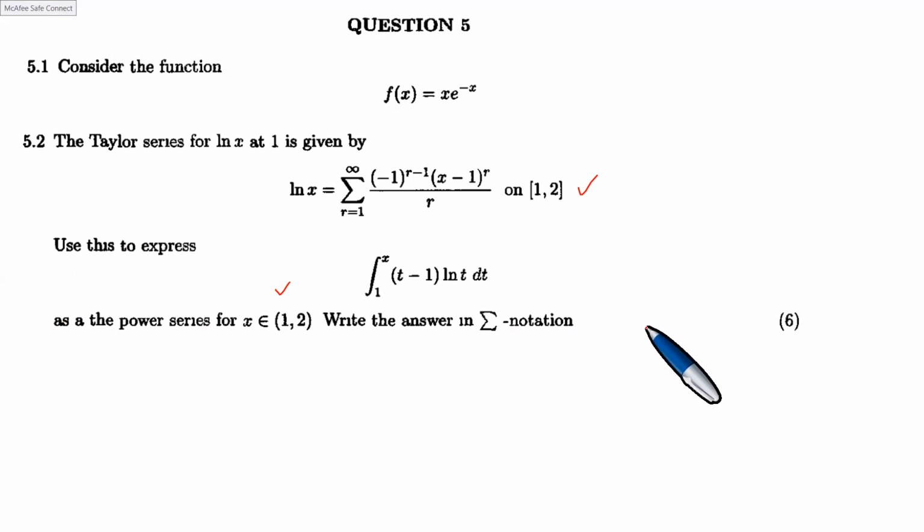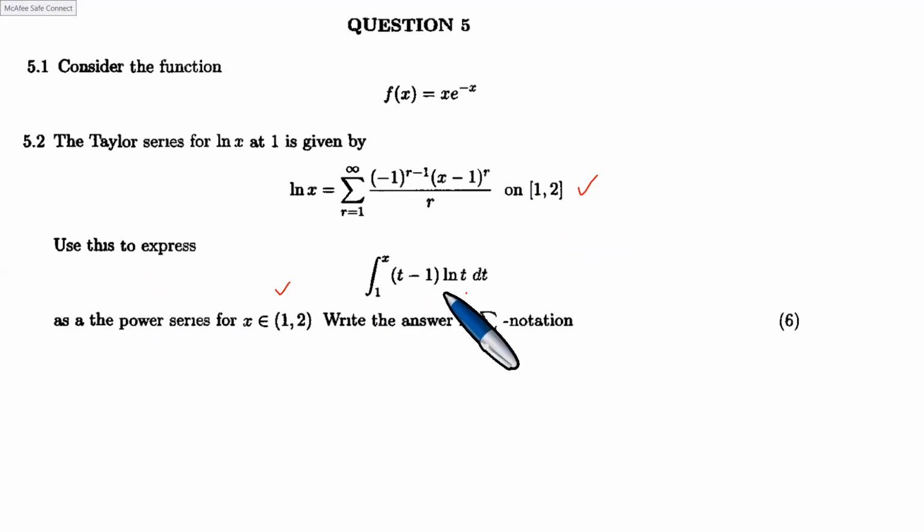We saw something like this and we packaged it again. So they've given us the Taylor series of what? For ln x at 1. That's why it's x minus 1, it's at 1. But it is on the interval 1 to 2, a closed and bounded interval.